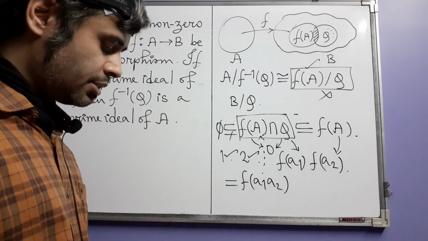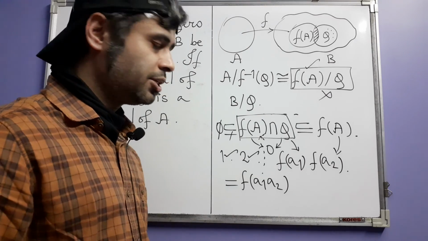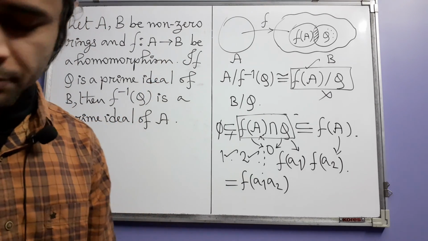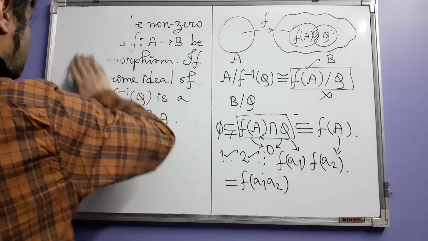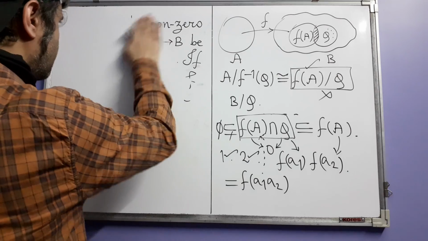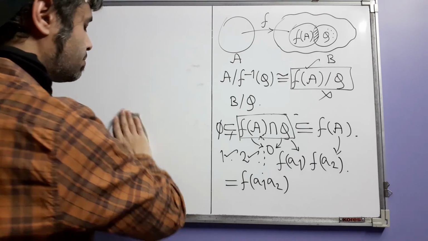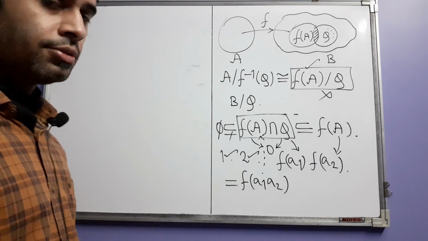The next thing to see is that this cannot be equal to f of A. That this is a proper ideal. How so?